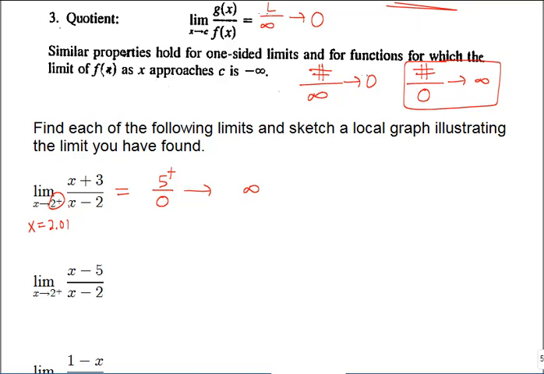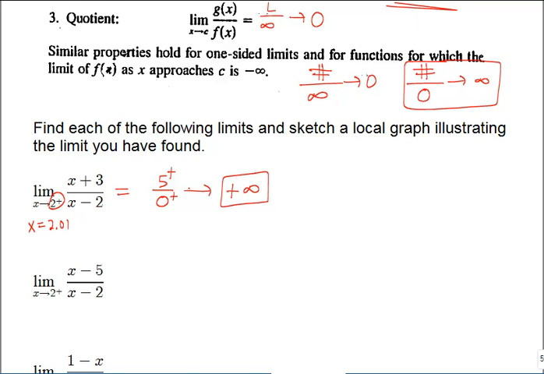On the bottom, however, 2.01 minus 2 is going to be positive 0.01. So since we're coming from the right-hand side of 2, we are getting closer to 0, but through positive values, because we're always plugging in something just slightly bigger than 2 and subtracting 2 from that. So that's always going to be a positive answer. A positive divided by a positive means this is going to positive infinity.